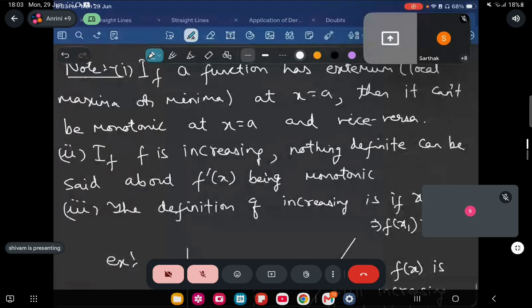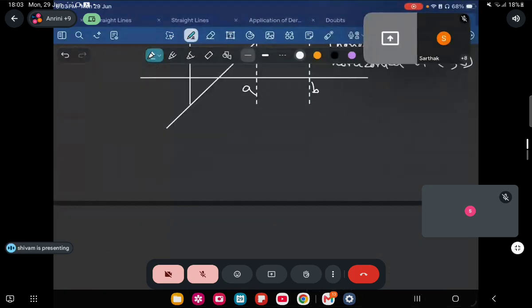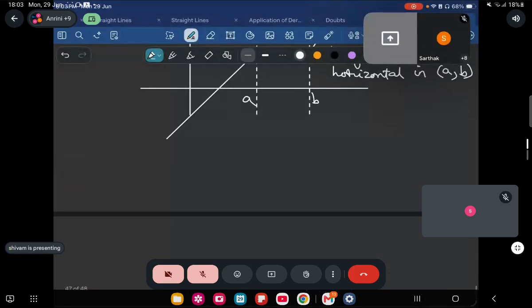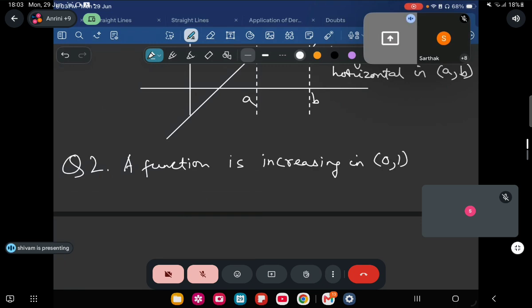Next. So everyone, let us do another problem. Question number 2. A function is increasing in open 0 comma 1 and decreasing in 1 comma 2.